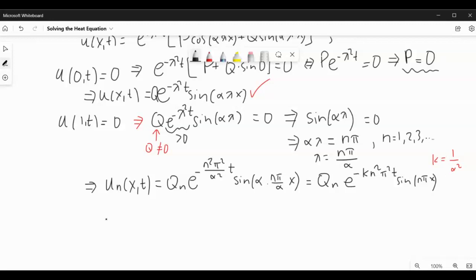And so having known now one particular solution of the PDE in terms of n, we can now say that the general solution is u of x,t being equal to an infinite sum of these expressions.